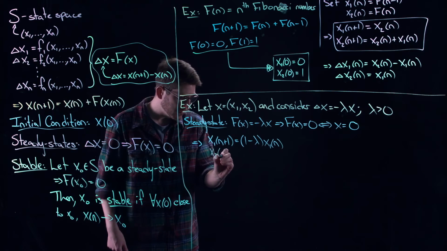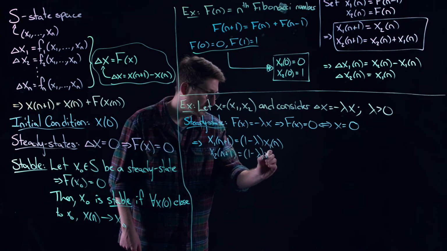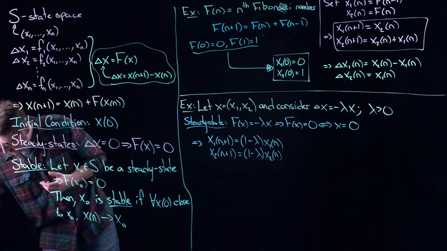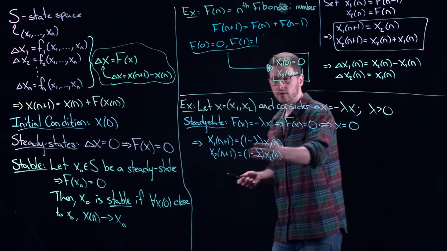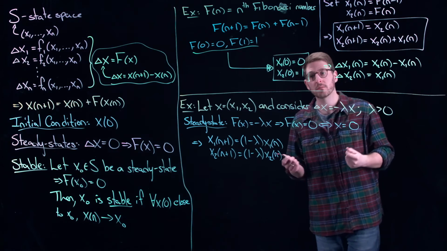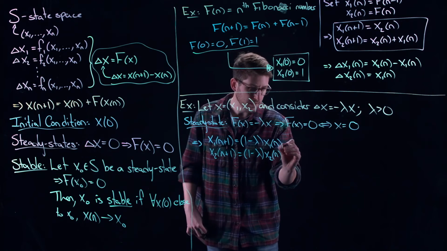Similarly, x2 of n plus 1 is equal to 1 minus lambda times x2 of n. So you can see that they've completely decoupled. If I want to understand both, I can just analyze one at a time. I can tell you what will happen for both of them if I just understand one of them.